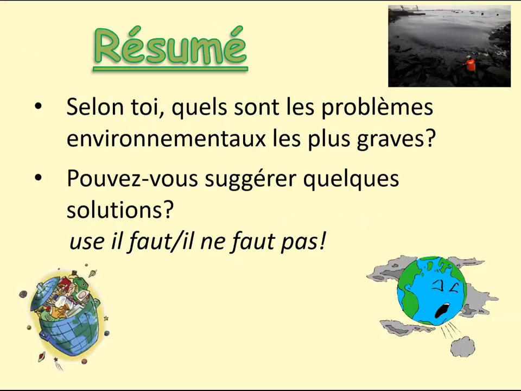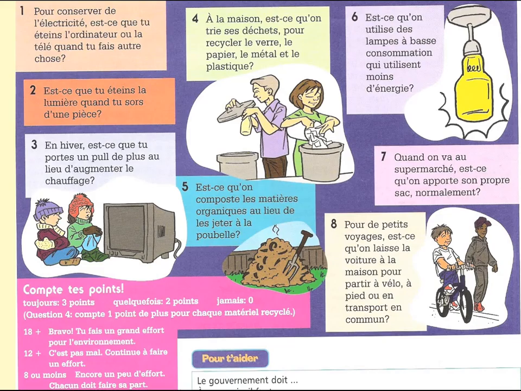Then there are a few reading activities that I'd like you, if you have time or you want extra, you could try. So there is this document here that will be in the lesson, which is like a quiz. So you answer these questions and for each one you put 3 if it's always that you do it, 2 if it's sometimes, or 0 if it's never, okay?